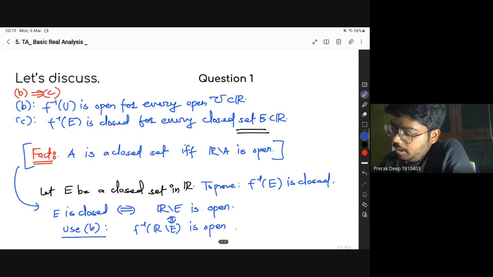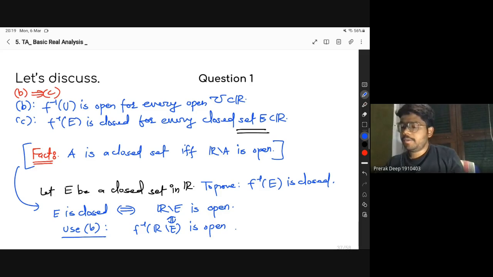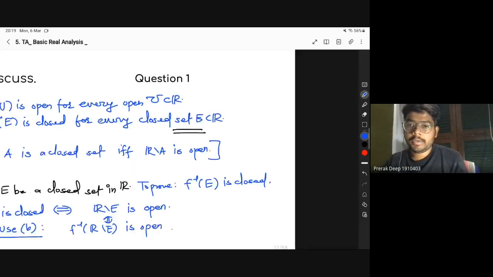Okay, so we have proved till this point that F inverse of R minus E is open.